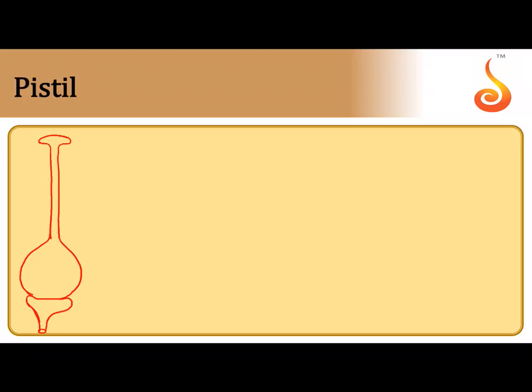It is called the thalamus. So what are the 3 parts of the pistil? This upper expanded part is referred to as the stigma, the narrow region, the neck of the pistil, is referred to as the style, and the basal swollen part is referred to as the ovary.